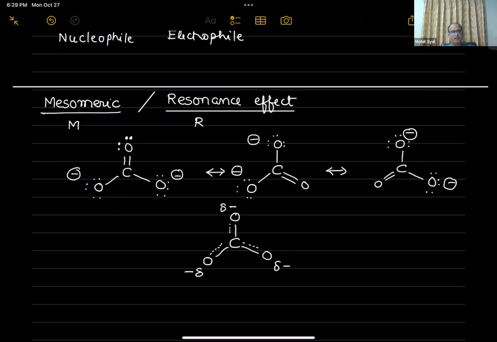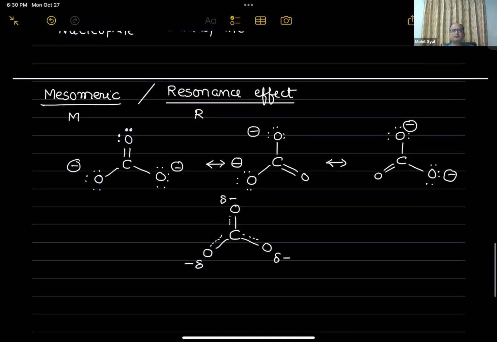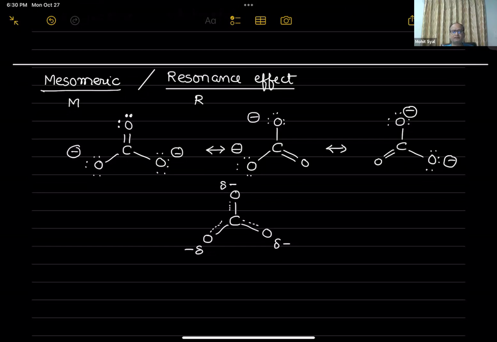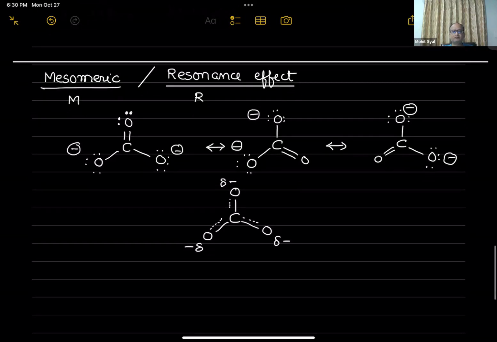But in the actual structure, none of the bonds is completely a double bond, and none of the bonds is completely a single bond. But all the bonds are exactly similar, having partial double bond character. Is it clear or not?